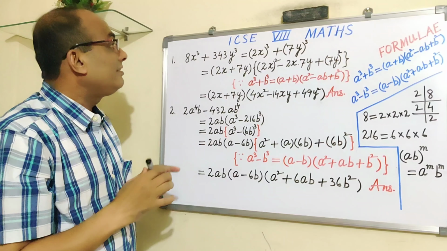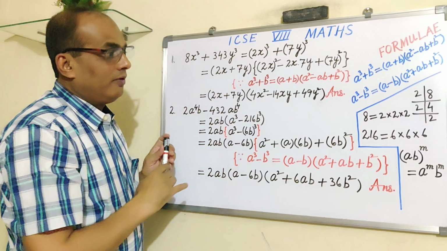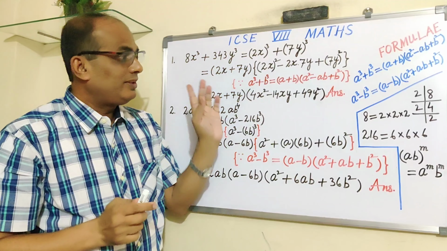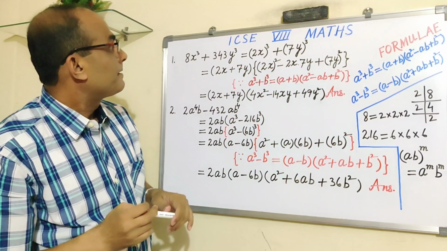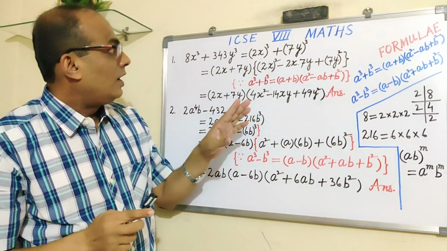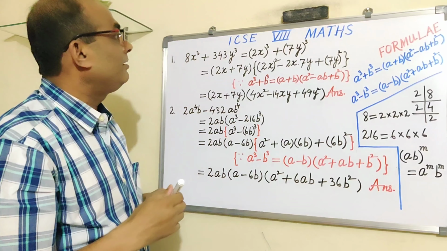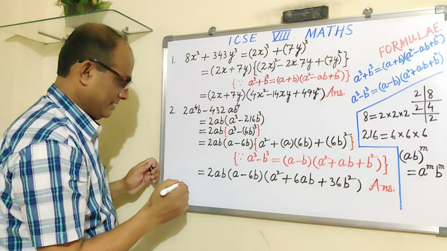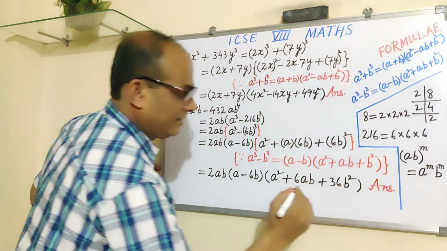Now it's clear. Similarly, see here 343. When you find out the factors of 343, you will see that 343 is equal to 7 multiplied by 7 multiplied by 7, 3 times.